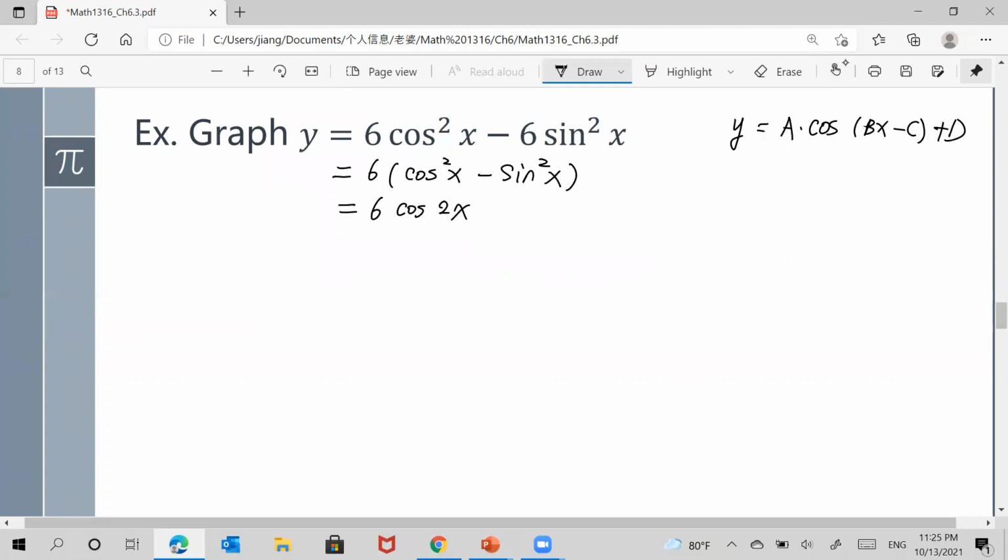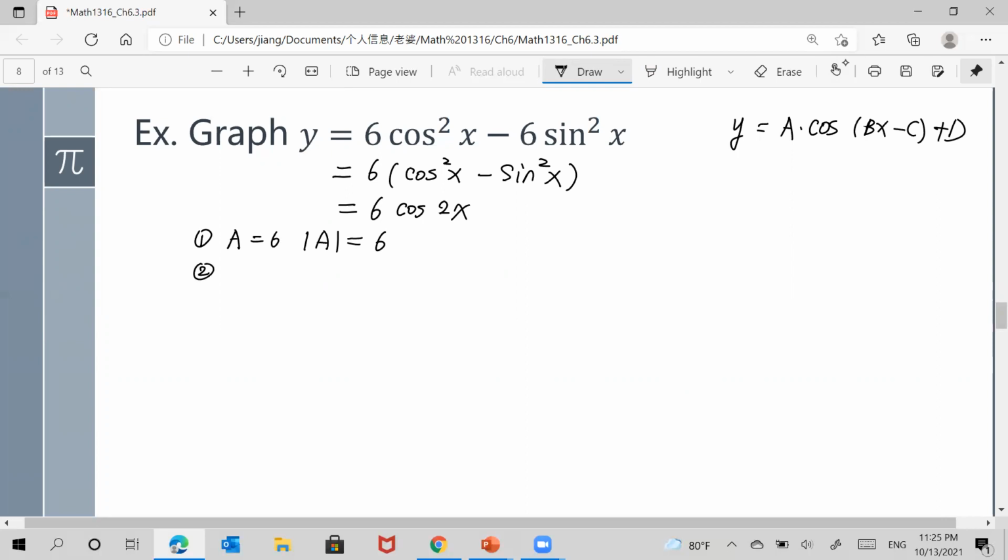This term we're familiar with. We just list some steps to graph it. But first we find the A equals 6. So the absolute value of A is 6. That's the amplitude. Decide the maximum and minimum value.